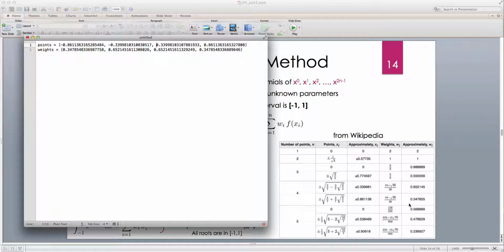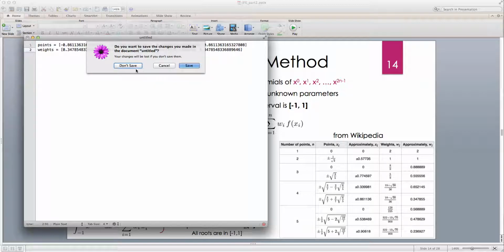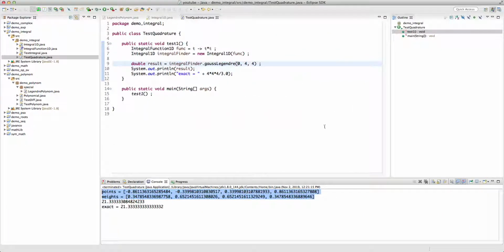Here we have plus minus 0.3399981, all right, and plus minus 0.861136. Okay, and the corresponding weights are 0.652145, all right, and then 0.347855. Okay, so our Gauss quadrature seems to work just fine.